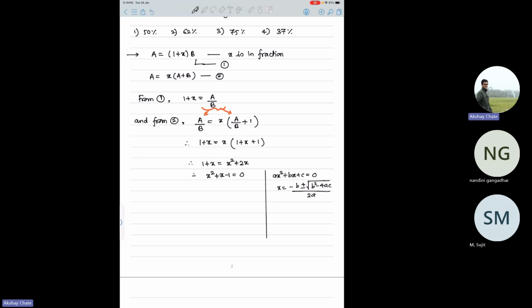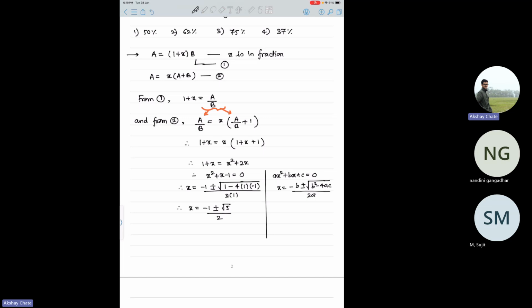Here a is 1, b is 1, c is minus 1. So your x will be minus 1 plus minus root of b square, which is 1, minus 4ac, by 2a. So basically you have x as minus 1 plus minus root 5 by 2.